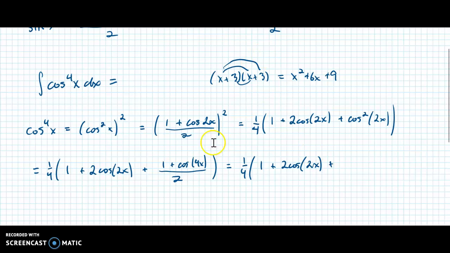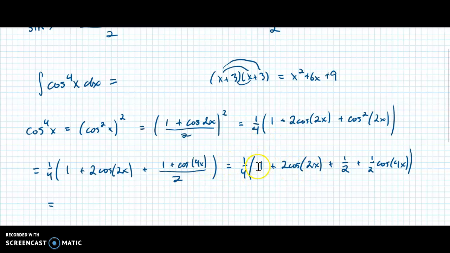And then plus, this is a 1 over 2, so that's a half. And then this is cosine of 4x over 2, so plus 1/2 cosine of 4x. Close. Now I got this 1 and a half, so that is 3/2. And I'm going to distribute this 1/4 in.